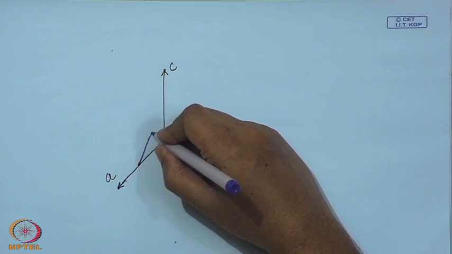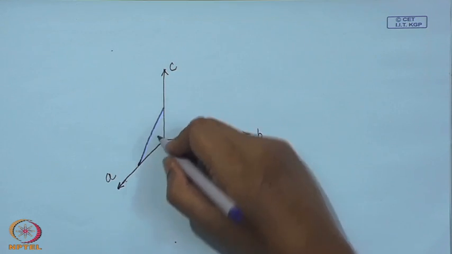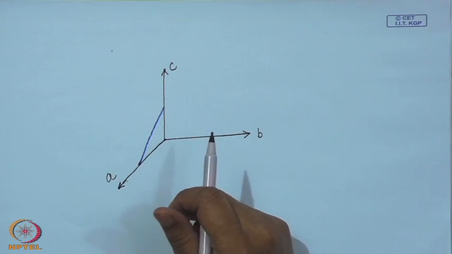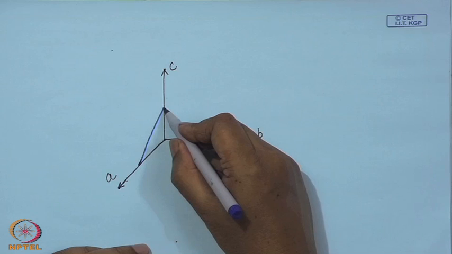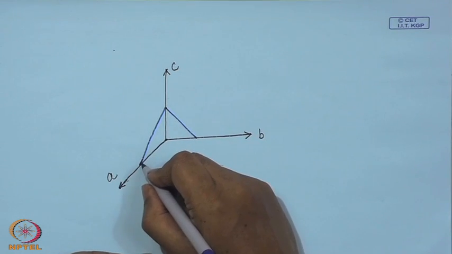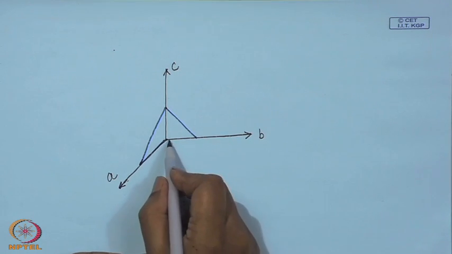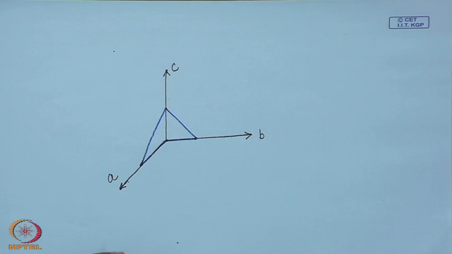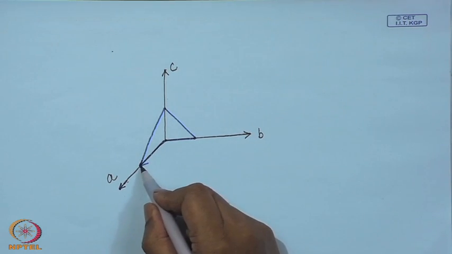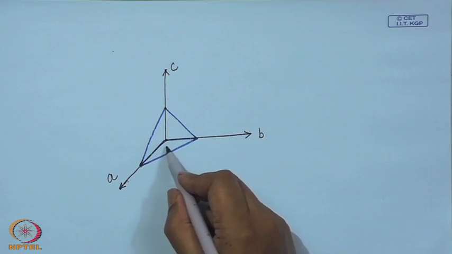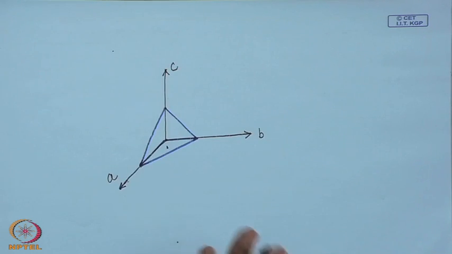And the tetrahedron, so this makes one face lying on this coordinate plane, the AC coordinate plane, this face lies on coordinate plane BC, and this third face lies on the coordinate plane AB, and then the inclined face.